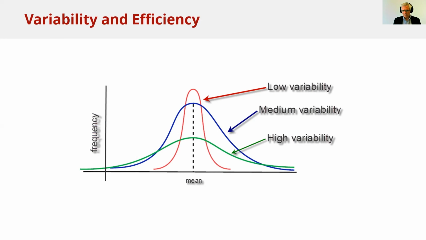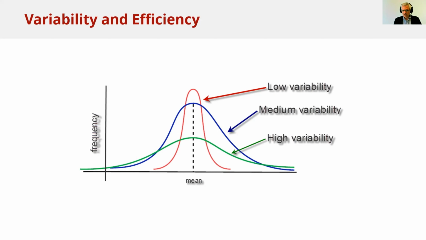The green line shows high variability, that it's quite likely that an individual's outcome, their pain score, is going to deviate from the average quite far and with fairly high probability. So with high variability, it's going to be difficult to get a confident estimate of that average or mean. The blue line is somewhere in the middle, looks like the famous bell-shaped curve or normal curve. That's medium variability.